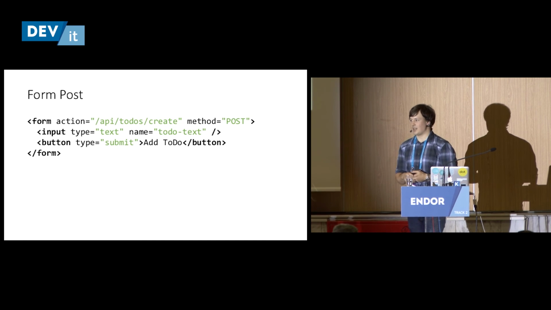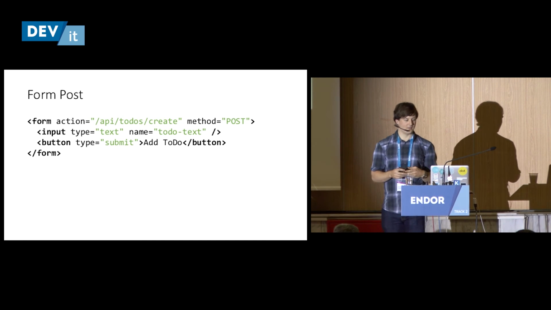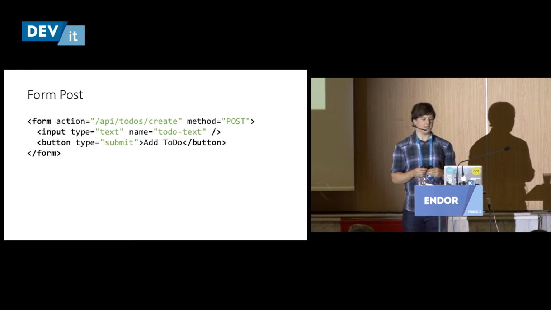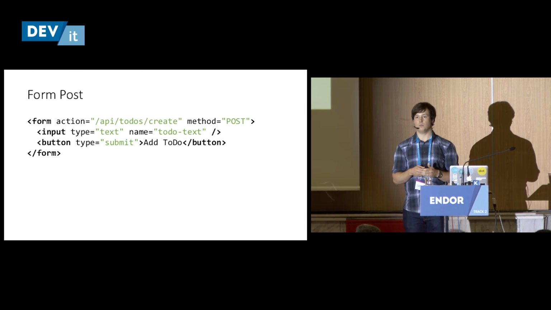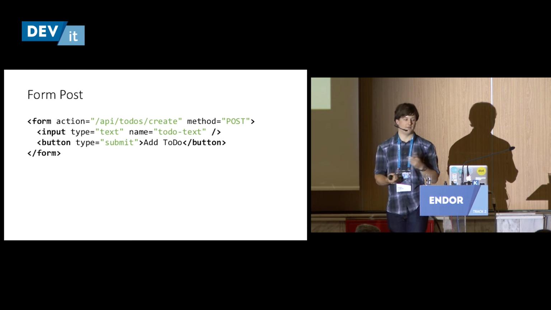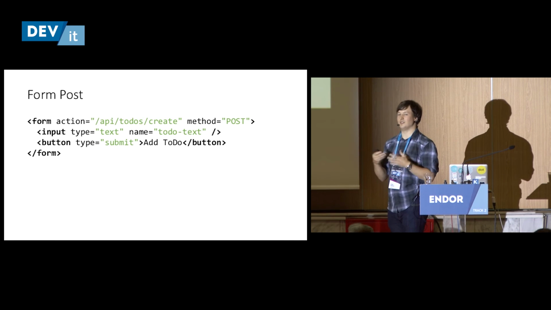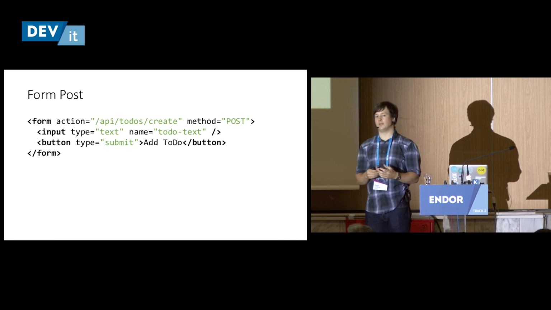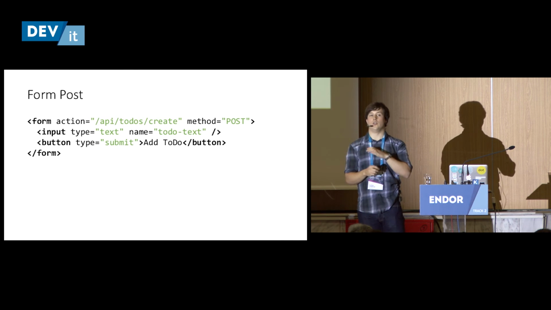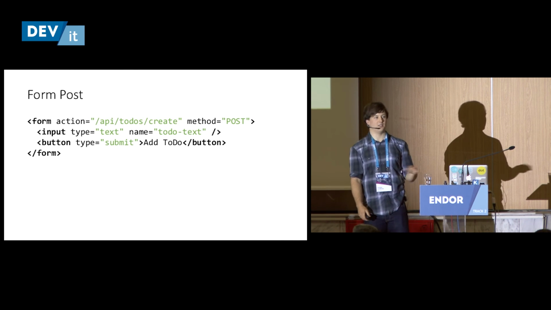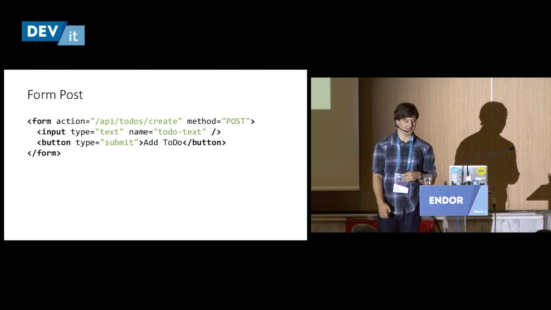So the other type of interaction: updating data. Most updates to data can be represented as a simple form post. You can have input elements, buttons, and what have you, all wrapped in a form, and that will work on the oldest of browsers. That's worked almost since the beginning of the internet.